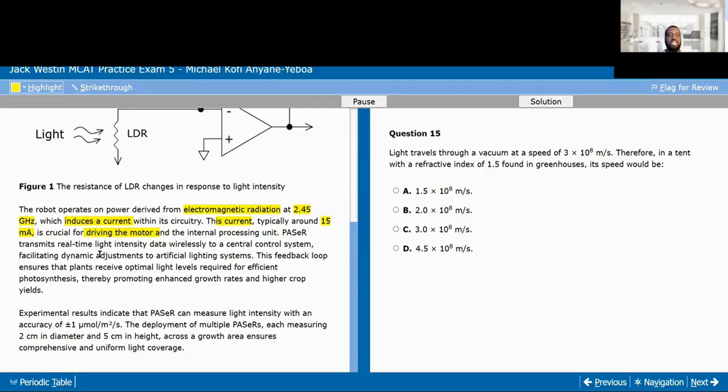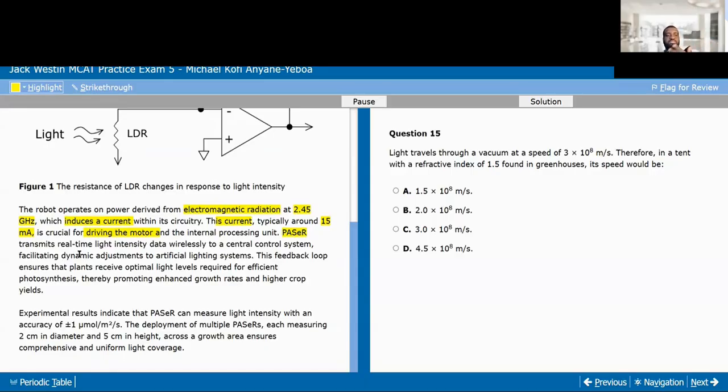PASER transmits real-time light intensity data wirelessly to a central control system, facilitating dynamic adjustments to artificial lighting systems. You know what? I'll highlight a few things here, but looking at what we are dealing with, I'm thinking they can ask me about current, resistance. They could probably ask me about photon energy.